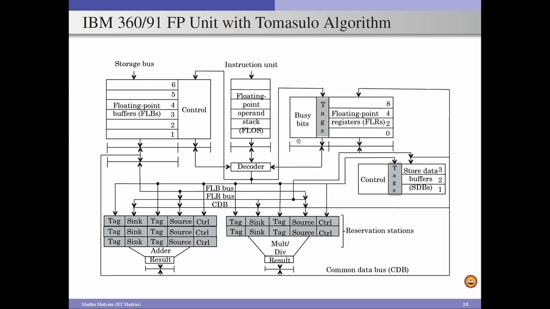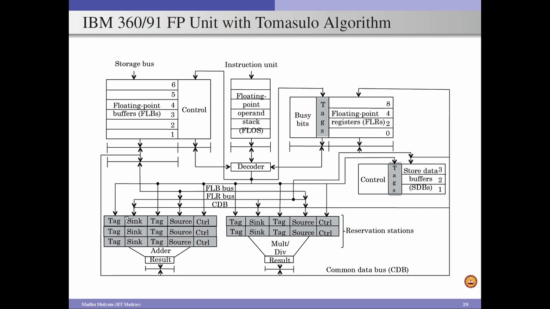Once you have these tags, whenever the data is available either from this FLB or from these functional units, we can forward those values to this register file FLR as well as to the reservation stations. In this particular design, they have considered 2 operand instructions, where one operand will be a source operand, but the other operand will act as both the source as well as the destination.